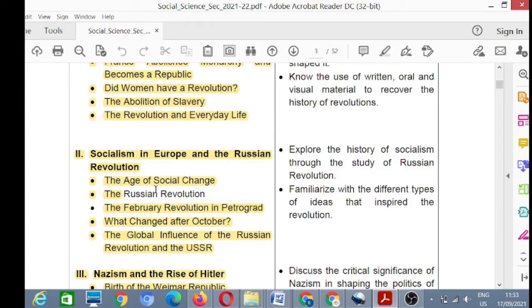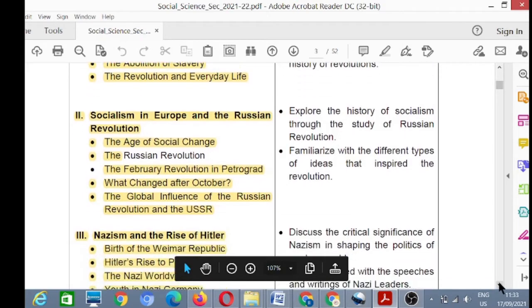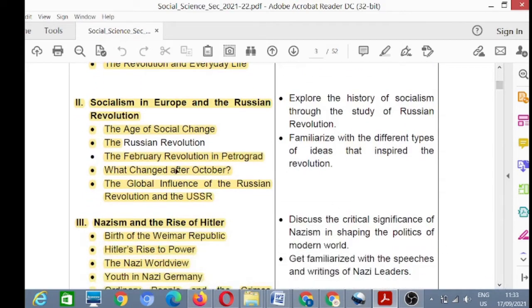Now, first topic is the age of social change. There was a social change, the age of social change. Then, second topic is Russian Revolution. Then February, that means month of February in that year in which Russian Revolution took place. What happened in the month of February?